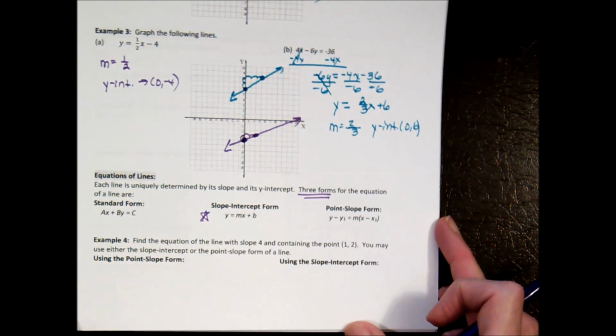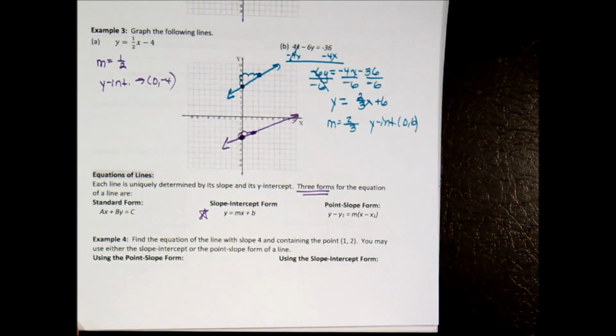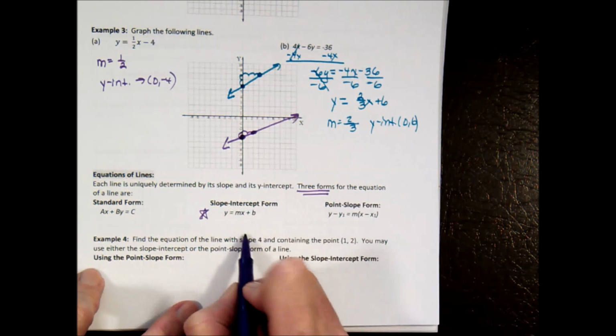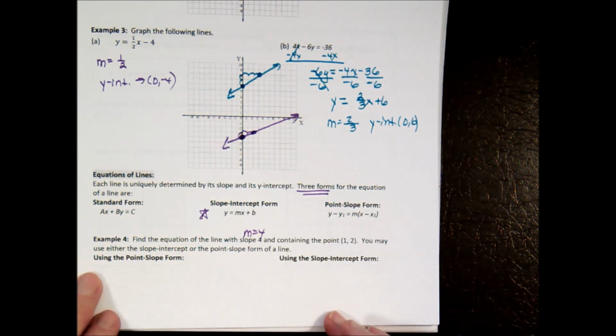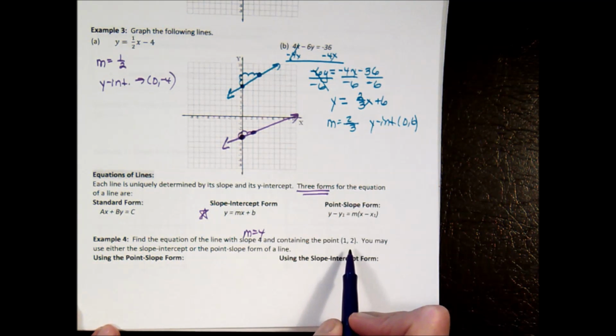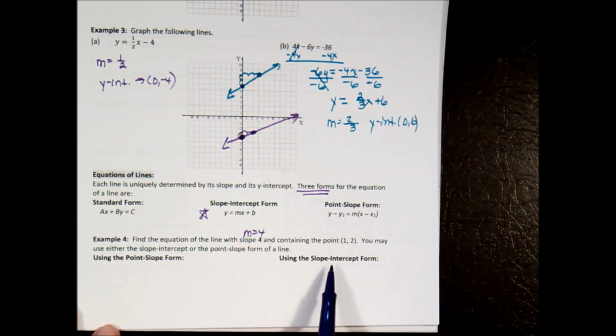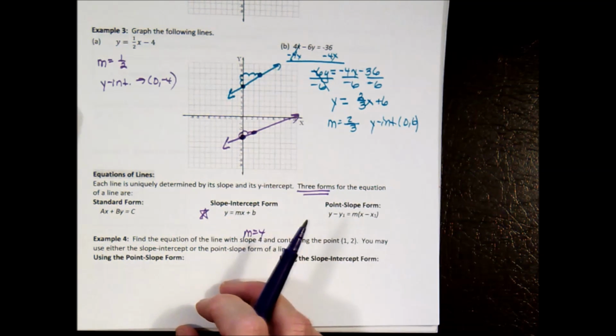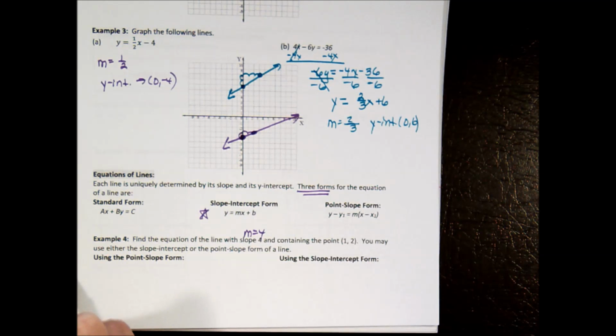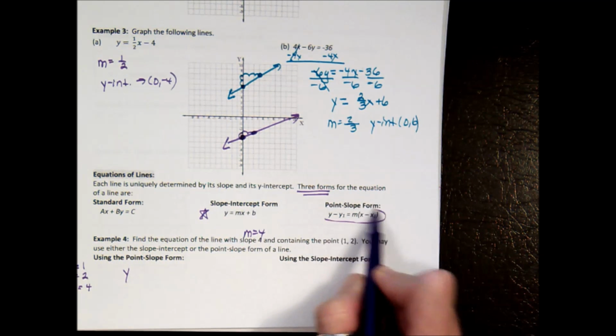So in example 4, it says find the equation of the line with slope 4, so I know that m equals 4, and it contains the point (1, 2). And we're going to do it both ways. So let's first use the point-slope form. I'm going to go over in the margin and do x, y, and m. I don't need a b on this one. My x is 1, the y is 2, the m here is 4, and I'm just going to fill in using, again, this equation.